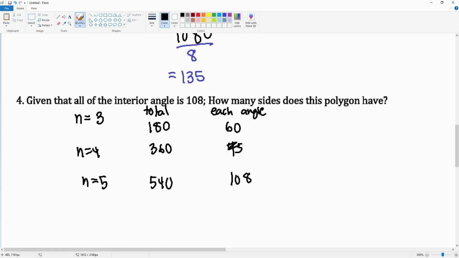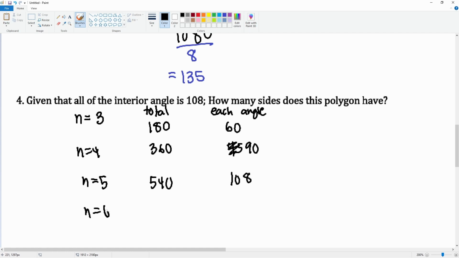I think I did the n equals 4 one wrong. Let me double check. That is 180 times 2, good, and then 360 divided by 4. Oh yeah, it's 90. You see it gets bigger.